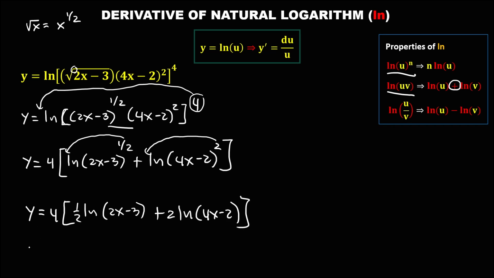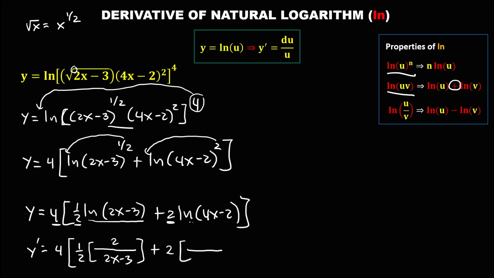Then to find the derivative, y prime equals, bring down the constant, and again bring down this constant in times. The derivative of ln of 2x minus 3 is 2 over 2x minus 3, then plus, bring down this constant, then the derivative of ln of 4x minus 2 is 4 over 4x minus 2.